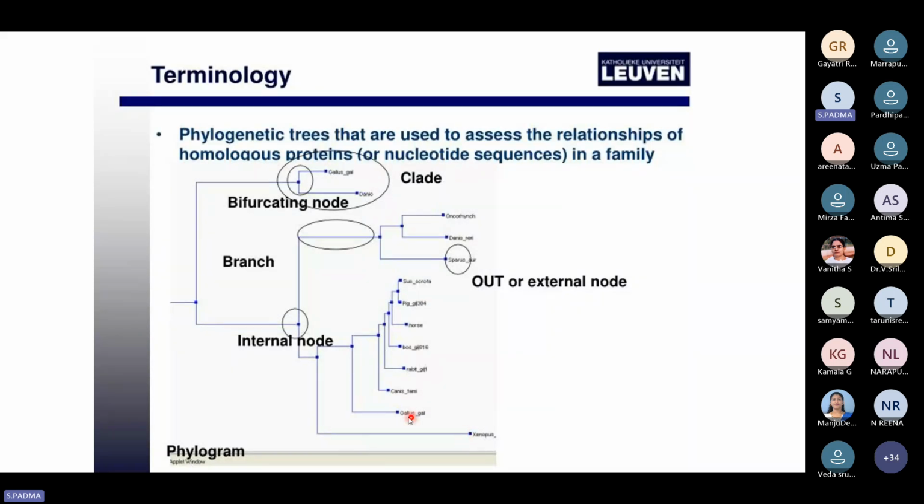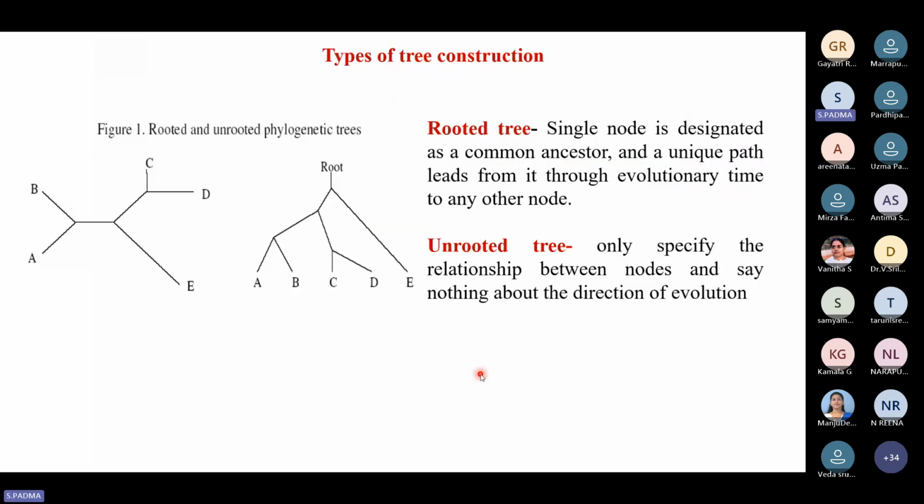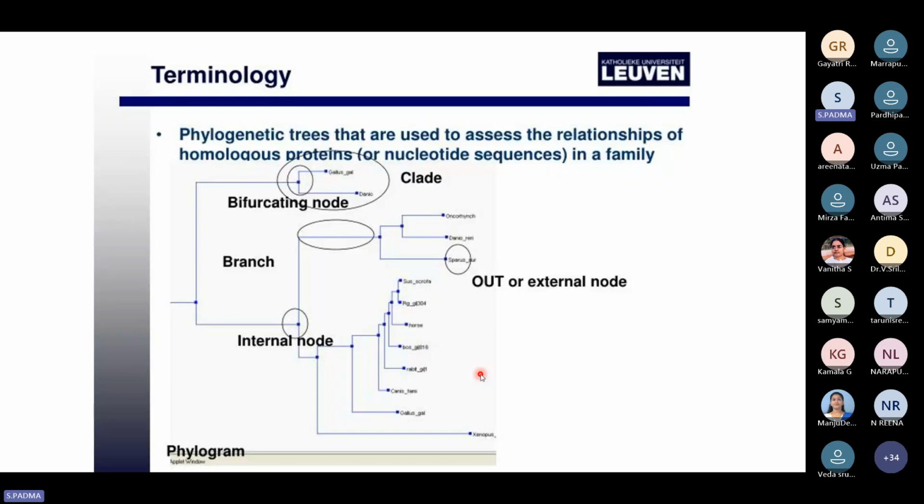It is because they all share some sequence similarity. The extent of similarity, the extent of genes in them, may vary depending on the percentage of similarity. That's why their relationships are different. Okay, so that is about the terminology. In terminology, we have a clade, node, and a branch.